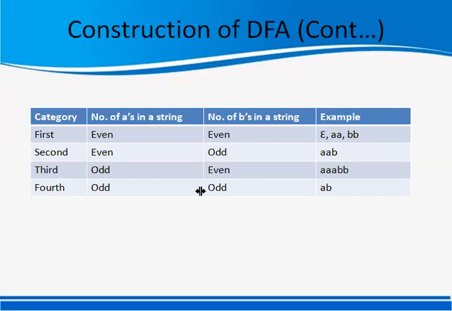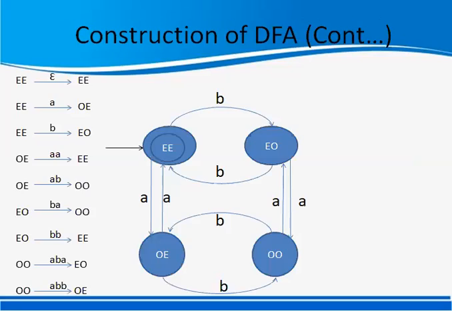Now we will use this concept to construct the DFA. We will combine even-even, even-odd, odd-even and odd-odd each as a single state. That means even-even will represent one state, even-odd will represent the second state, odd-even will represent the third state, and odd-odd will represent the fourth state.